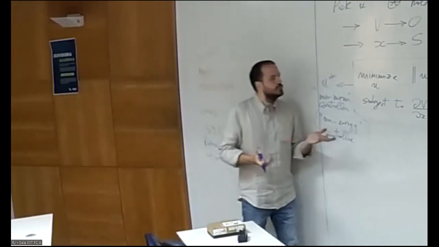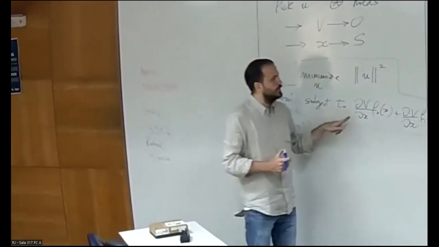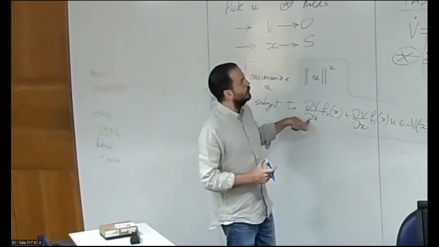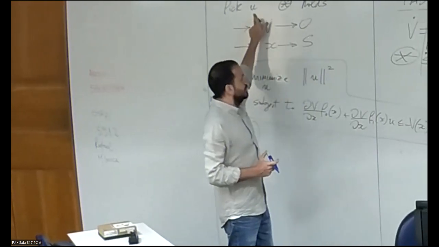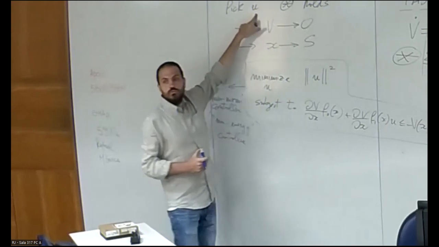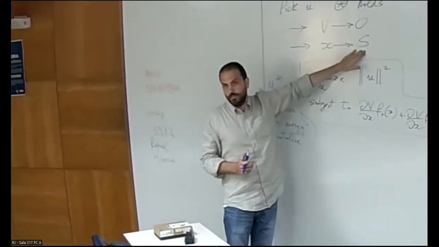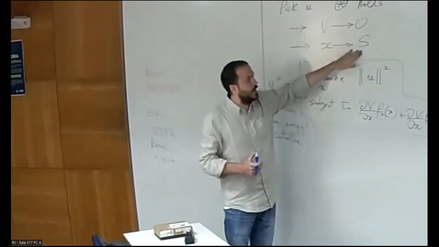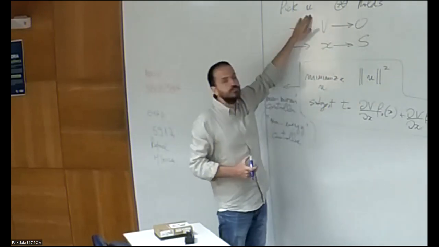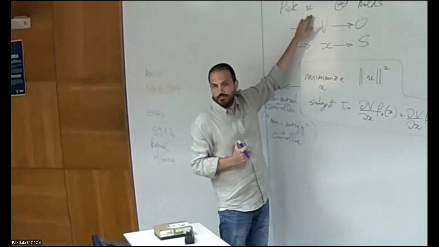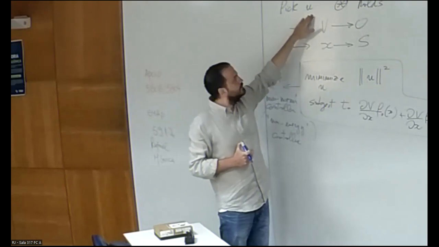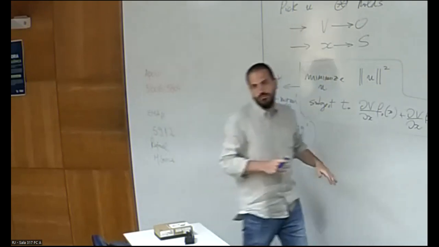Which, in other words, means that we are going to pick the smallest u, subject to the constraint that x goes to s, which means we're going to go to s in the, again, laziest possible way. We're going to spend the least amount of energy.